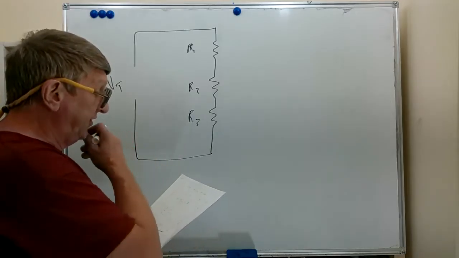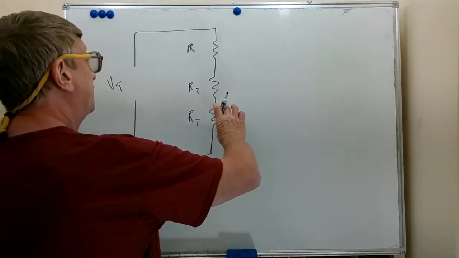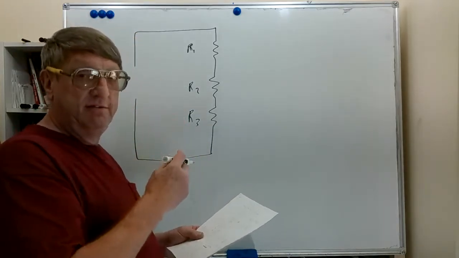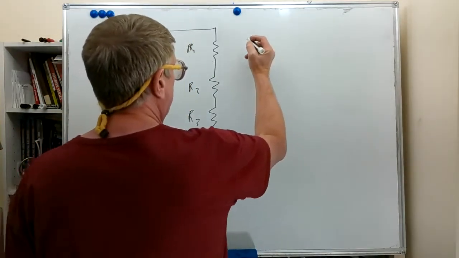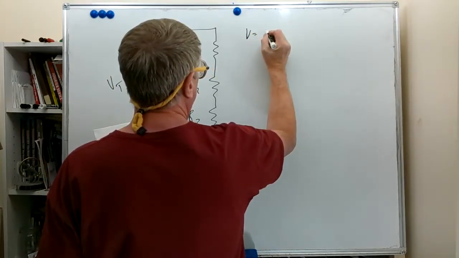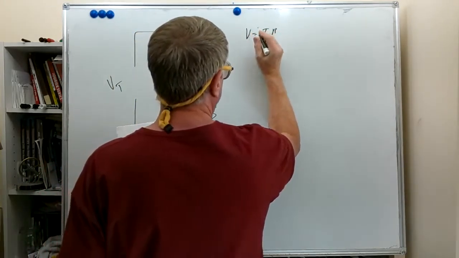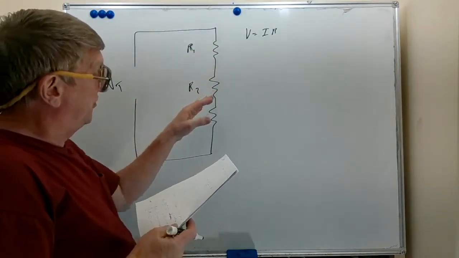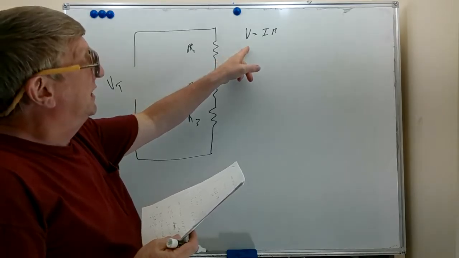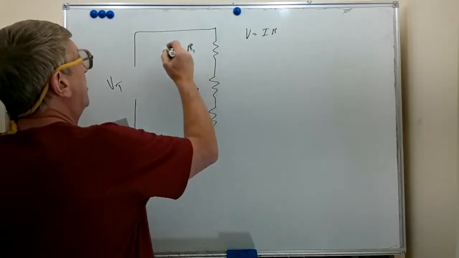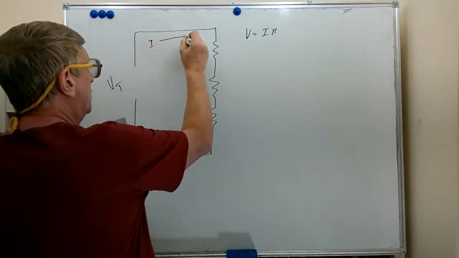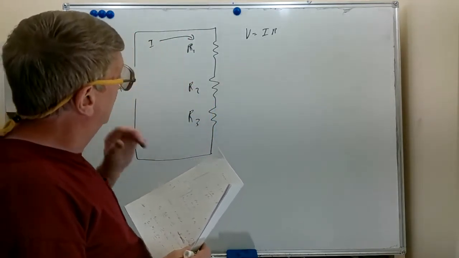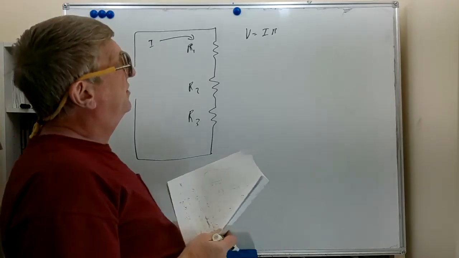And if we are interested in knowing the voltage across one resistor, we would like to see how that voltage division happens. Well, we'll start with our Ohm's law, voltage equals I times R. That would be the voltage across any one of those resistors. I'll go ahead and draw an arrow for I here. We are not going to calculate I at this point, though we could if we had enough values.